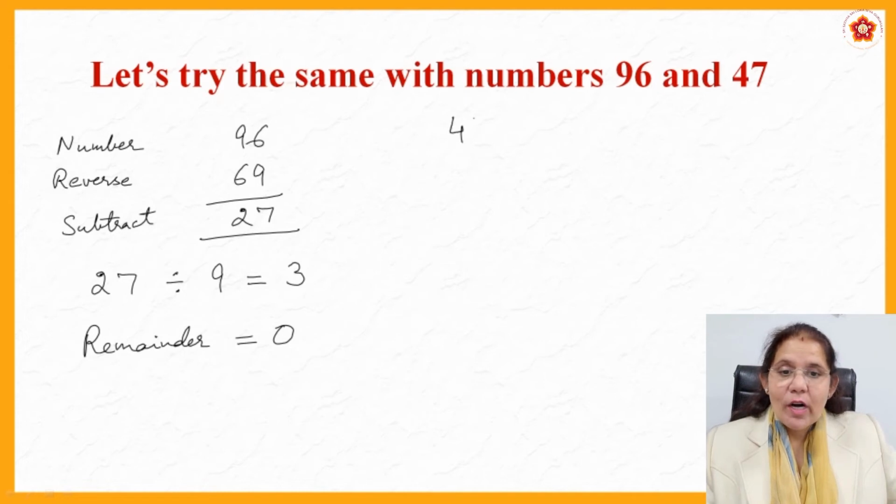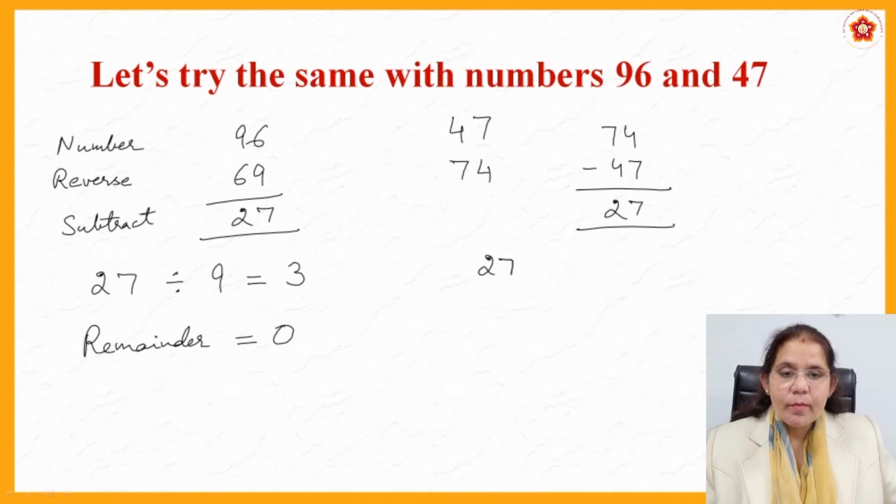Let's try with 47. The number is 47. Reverse it. It becomes 74. If you remember, Steve had said, subtract the smaller number from the bigger number. So, 74 minus 47. 14 minus 7 is 7 and 6 minus 4 is 2.